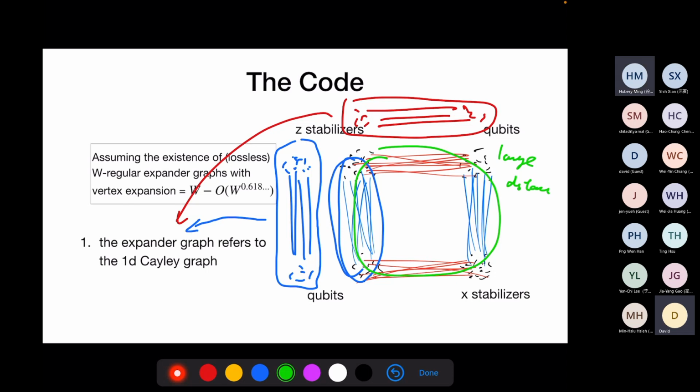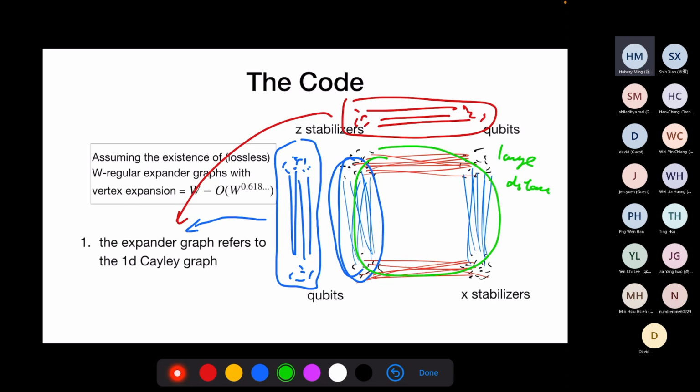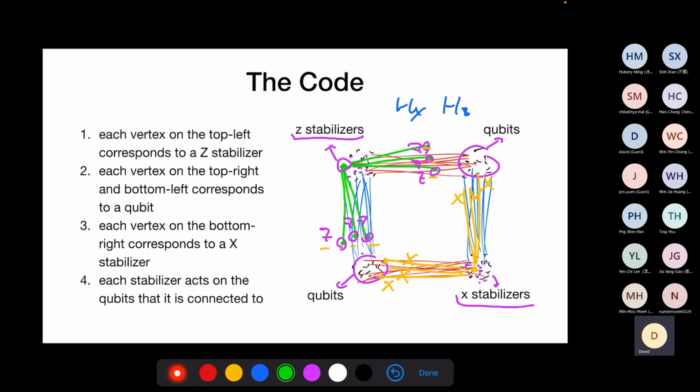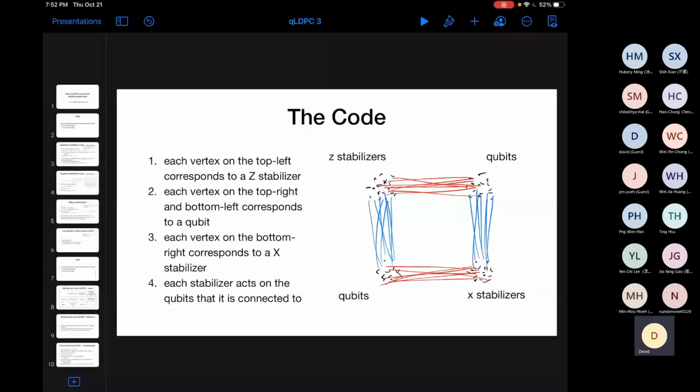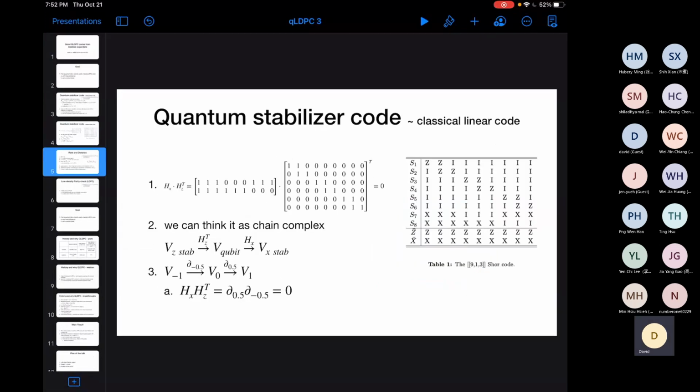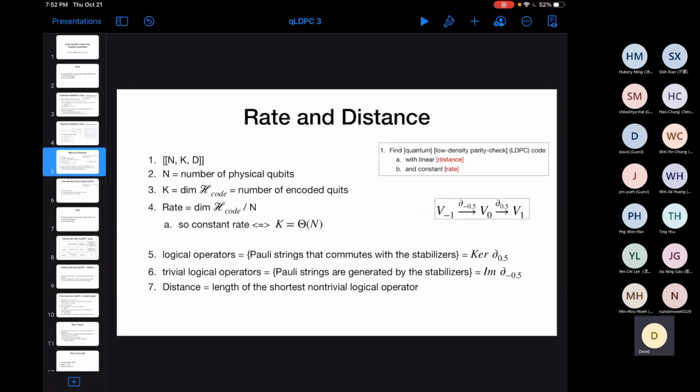When you mention distance, you mean the distance between any 2 qubits here, within each corner and at different corners, is large enough? Distance here is not the distance on the graph. It's a distance on the code, that would be this definition.